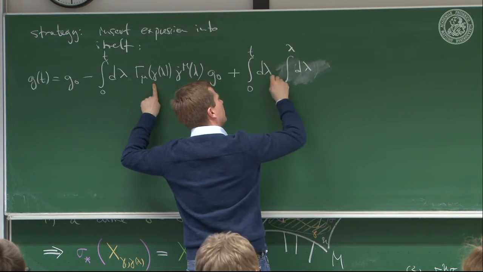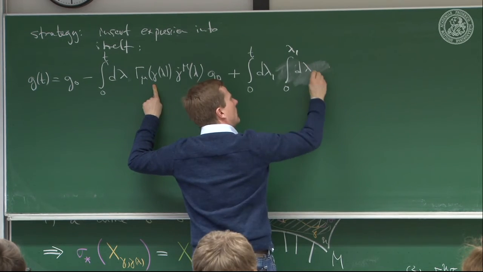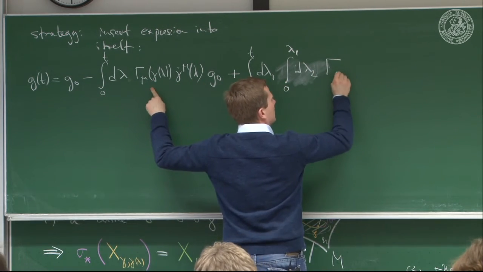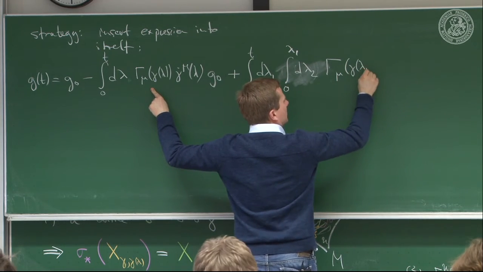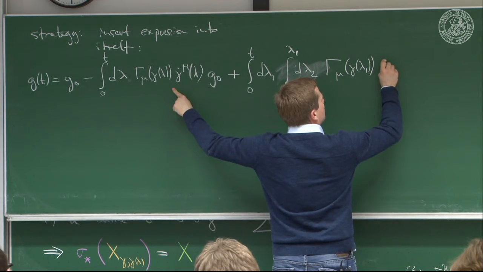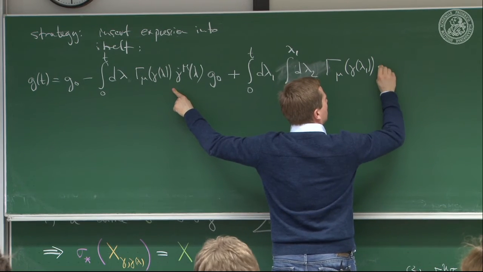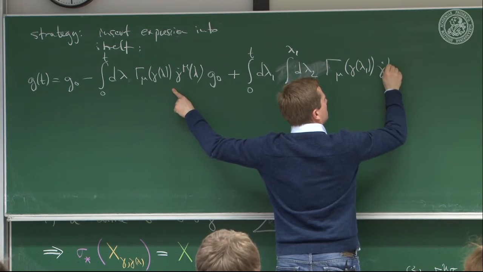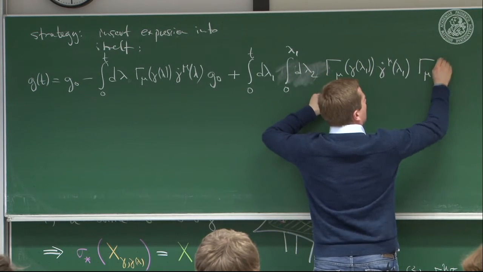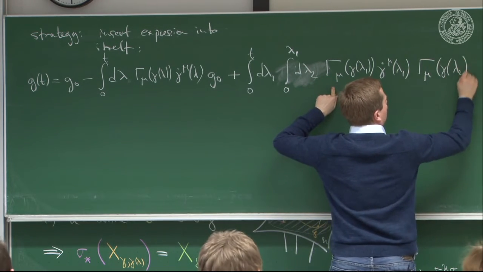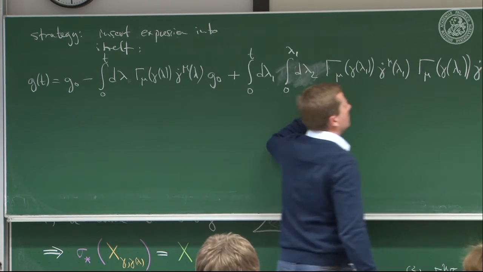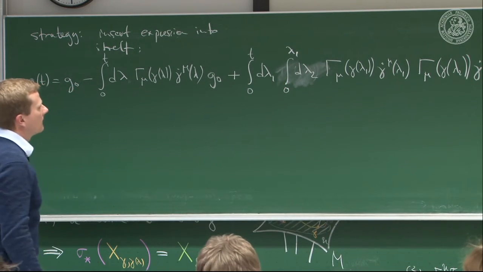Now I get conflicts, so I call this lambda 1, I call this new one lambda 2. Then I keep the order, so I before had this gamma mu at the point lambda 1, and then I get a gamma dot mu at lambda 1, and then comes the gamma mu at gamma of lambda 2, gamma dot mu at lambda 2. Okay.